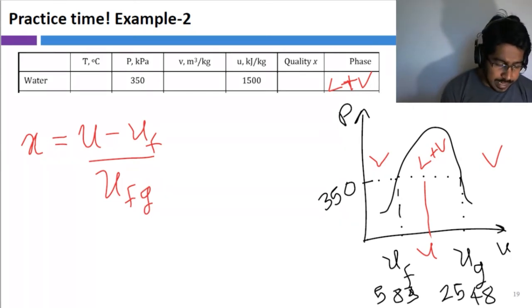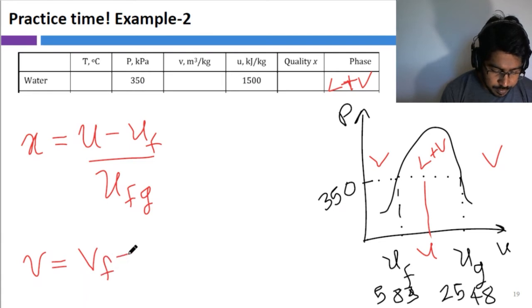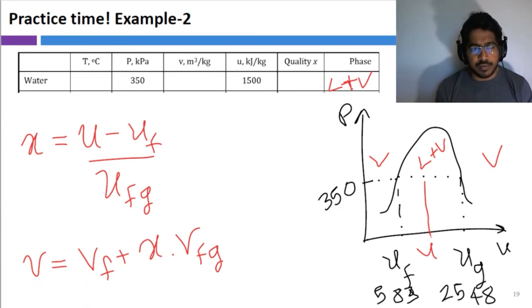So using X, we can calculate V equals VF plus X VFG, right? Pretty straightforward, huh? Any questions so far? Anything not clear about this process?